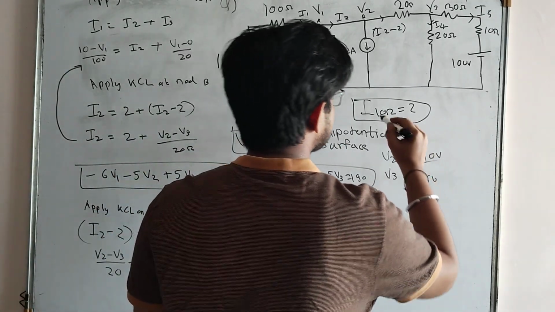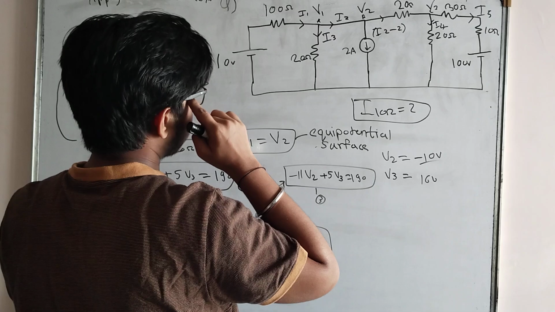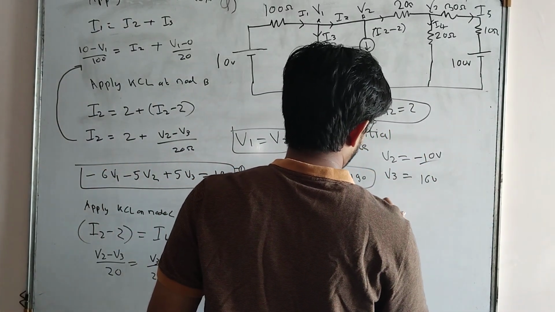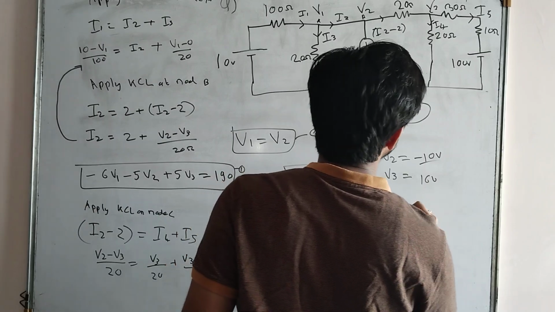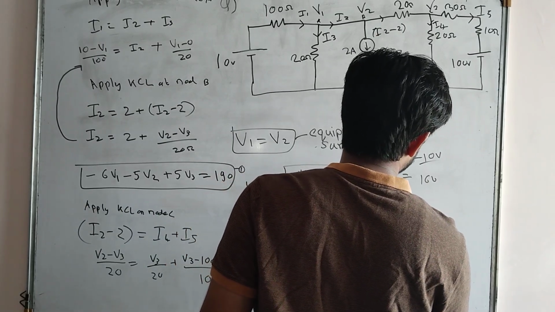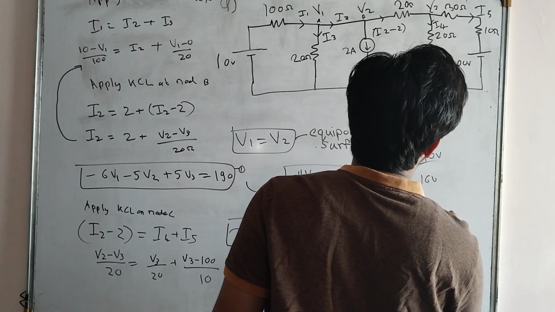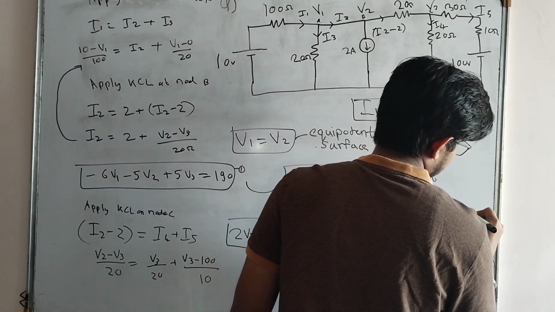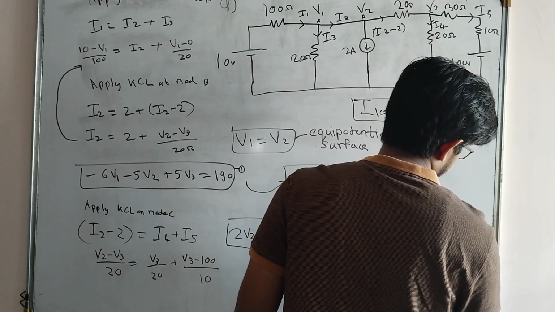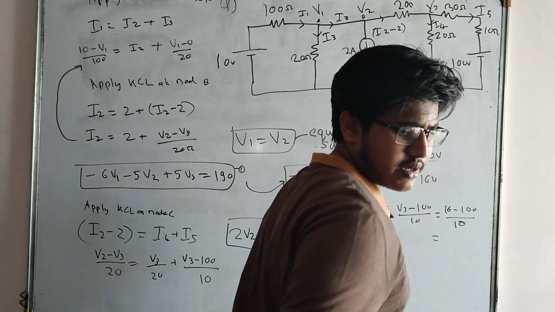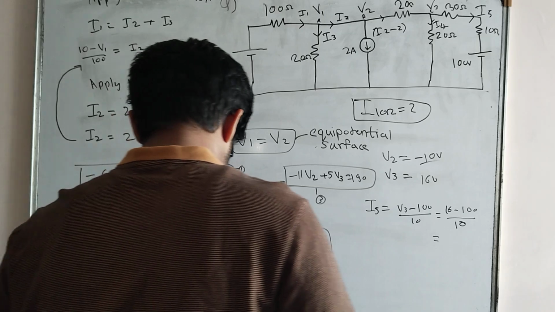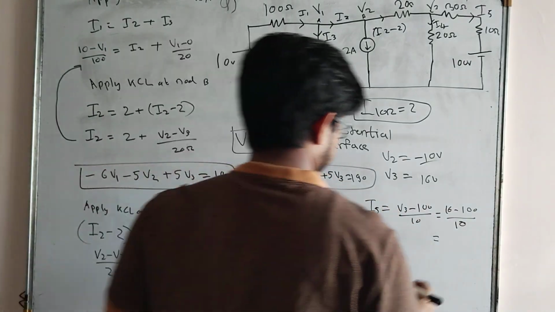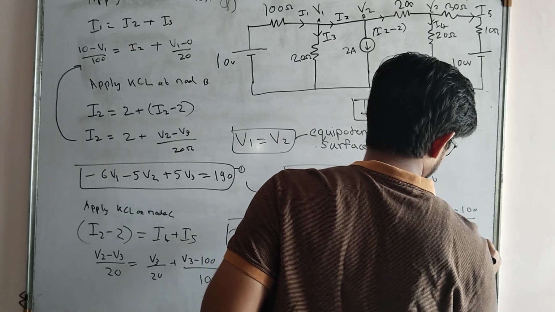So moving on to the question, we need to calculate the current through the 10 ohm resistor, which is I5. So now I5 is equal to (V3 minus 100) upon 10. It is (16 minus 100) upon 10. I will just calculate it on a calculator. So it turns out to be minus 8.4.